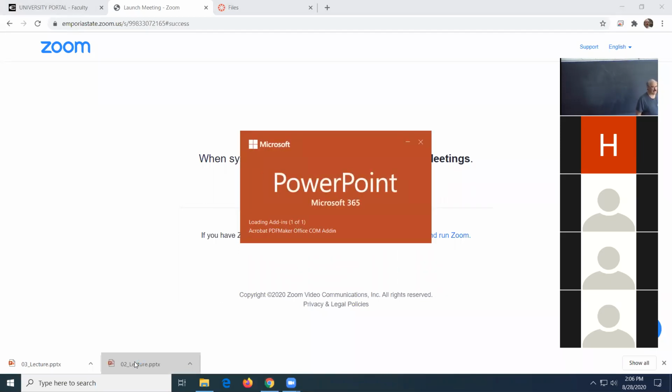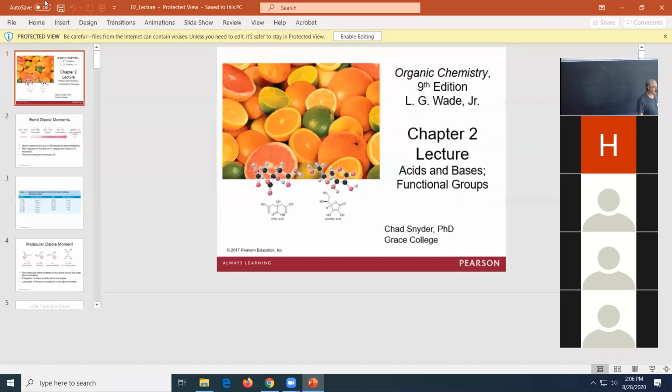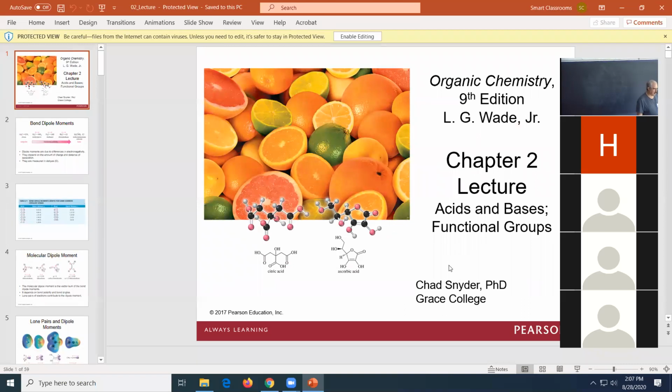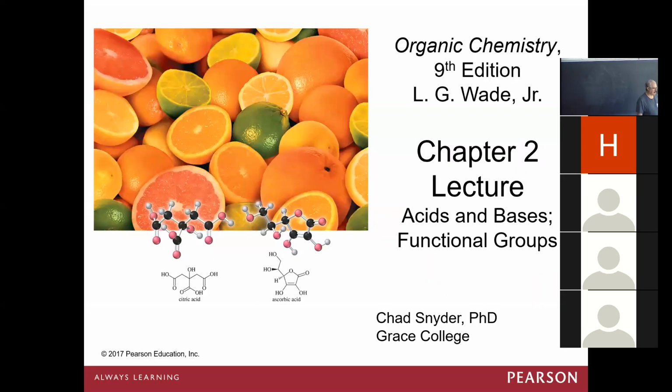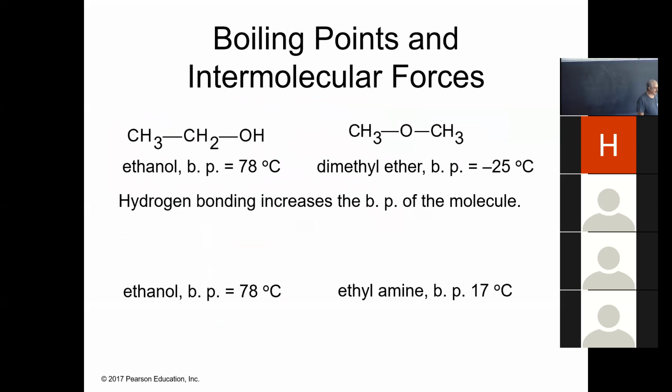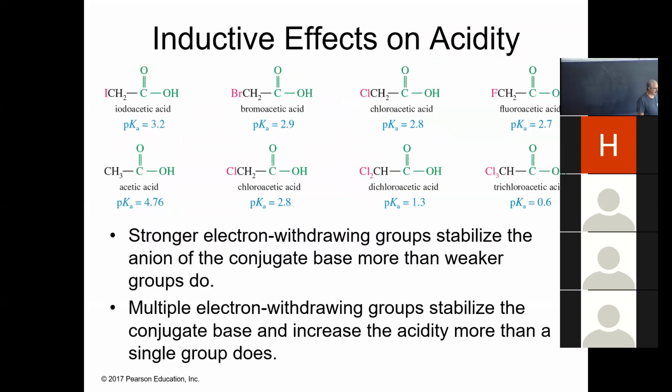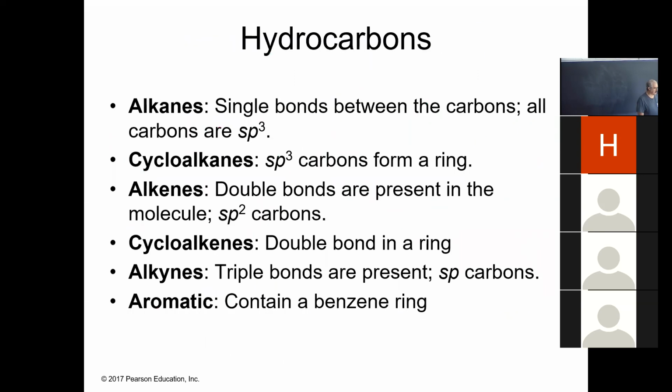And when we left off, I was talking about functional groups. So let's go back to that. Okay, I'm going to scroll to the section on functional groups.